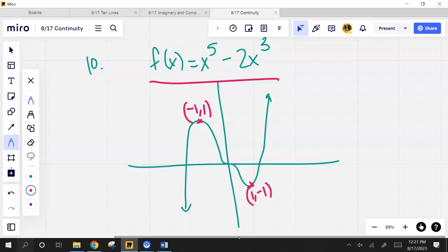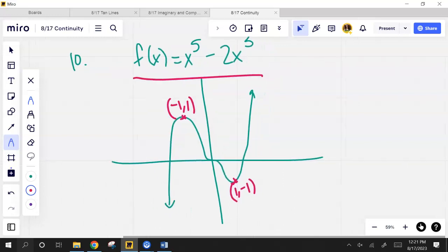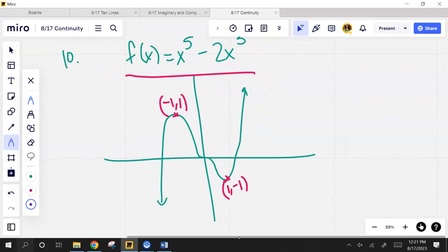Now read it like you read a book, left to right. As I start out over here, am I increasing or decreasing? Increasing, because it's going up as I move left to right. We'll write the intervals in a minute. Let's just label the graph. Once I get to the max or min, that's where it changes. It stops increasing and starts decreasing.